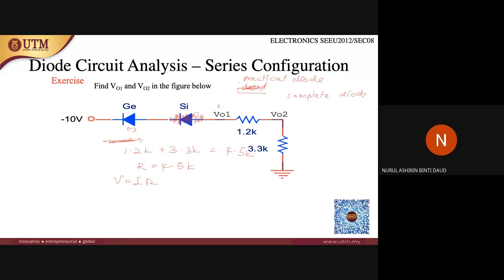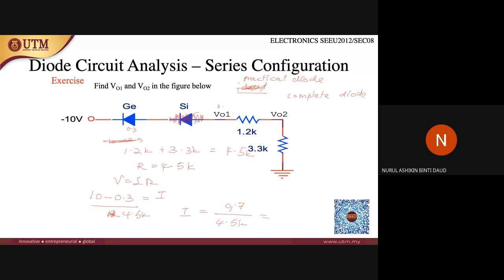So let's say 10 minus 0.3 first, divided by R. So R is 4.5K. So the value of I is 10 minus 0.3, 9.7 divided by 4.5 kilo ohm.